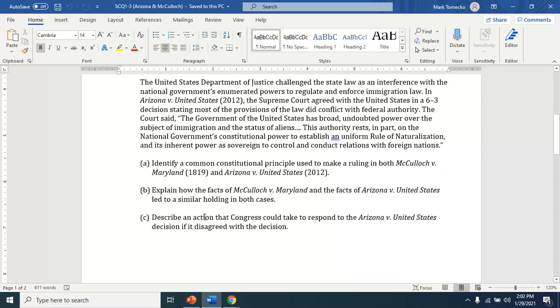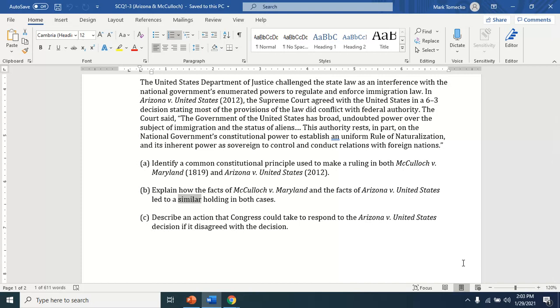Part B asks us to explain how the facts of McCulloch, so once again, we have to demonstrate our knowledge of those facts. And now the facts of Arizona, the new case, led to a similar holding in both cases. So I would underline or circle the word similar as a reminder that I'm going to be comparing similar decisions.